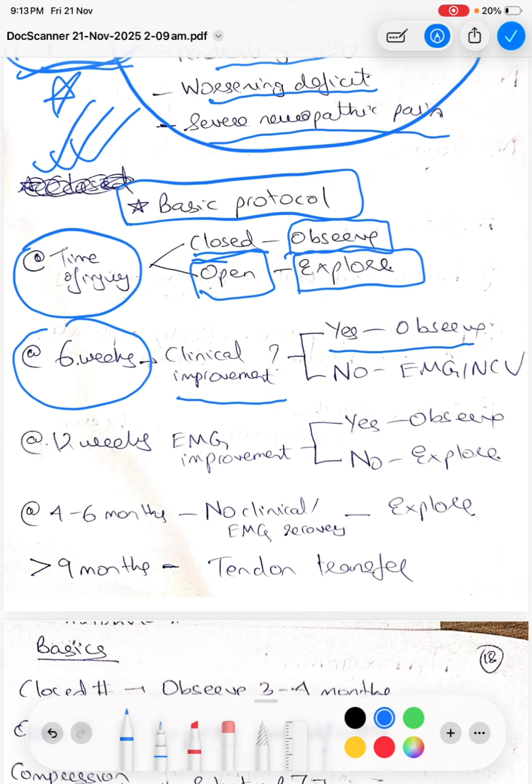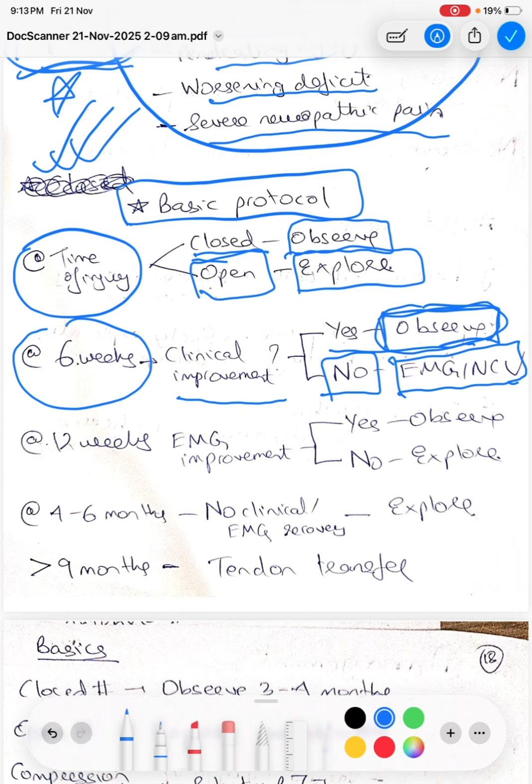If there is clinical improvement, you go for observation. If there are signs like Tinel sign, which shows nerve regeneration, improving deficits, you continue observation. If there is no clinical improvement or worsening, you go for EMG NCV.